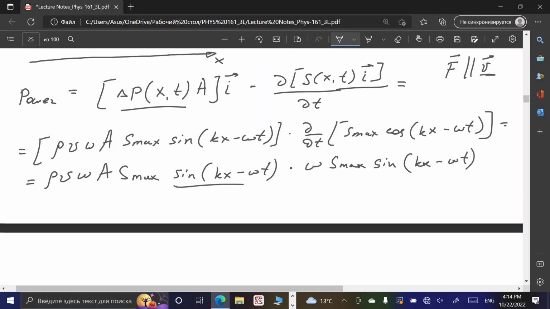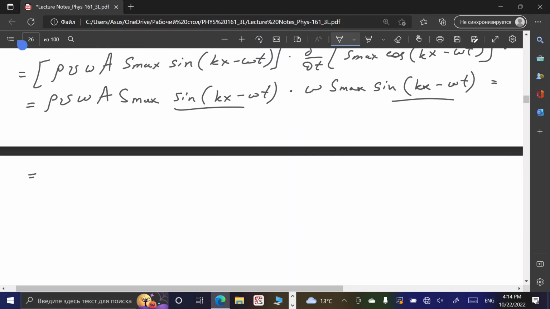So we have two sines here. We eventually get rho times speed of sound v times omega squared times area of the cross section of this cylinder times S maximum squared, so the maximum displacement of the element of air, times sine squared kx minus omega t.